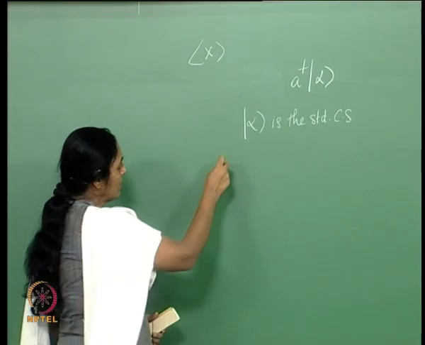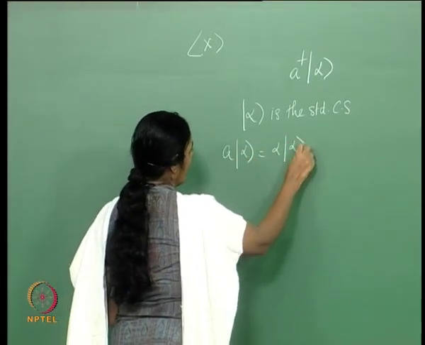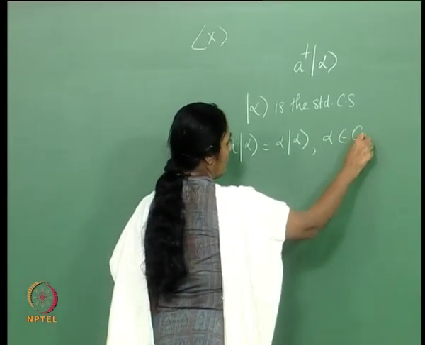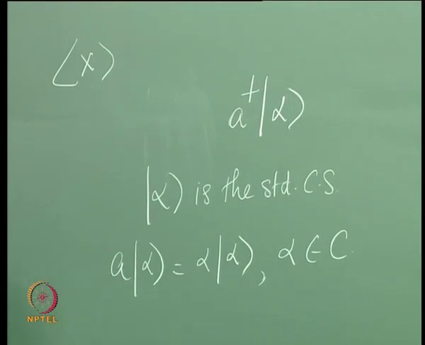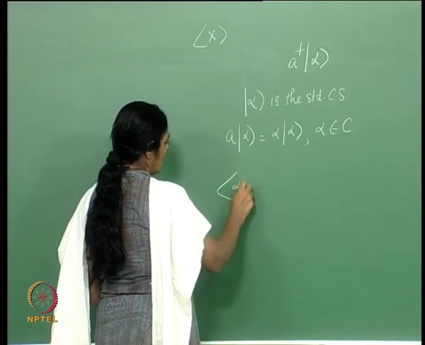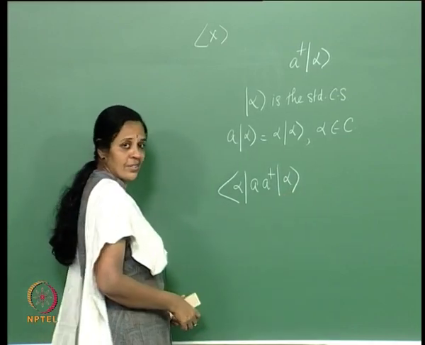And as you know, this is an eigenstate of A with eigenvalue alpha, alpha being a complex number. Now, first of all, let us normalize that state. So, consider this object.